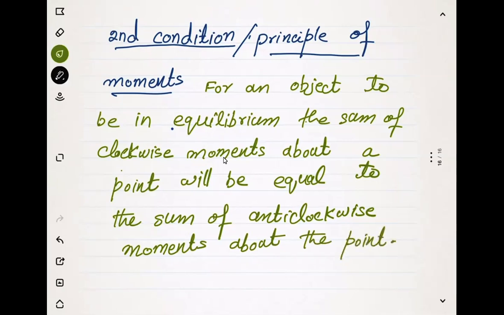This condition is called the principle of moments. According to it, the clockwise and anti-clockwise moments must be balanced. So whenever we check equilibrium of an object, we apply these two equations.